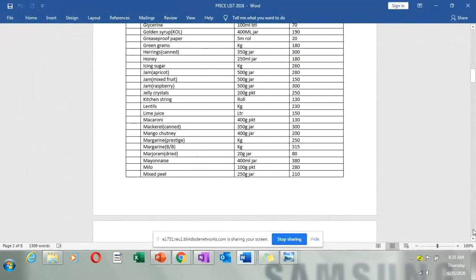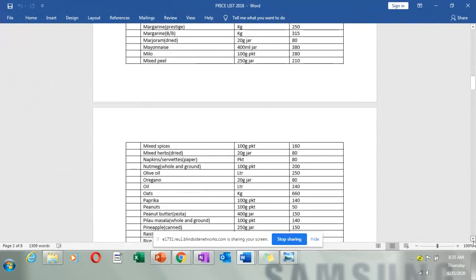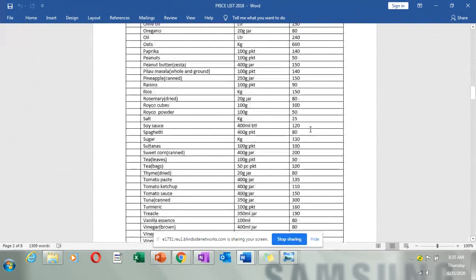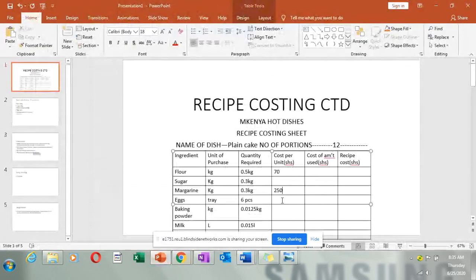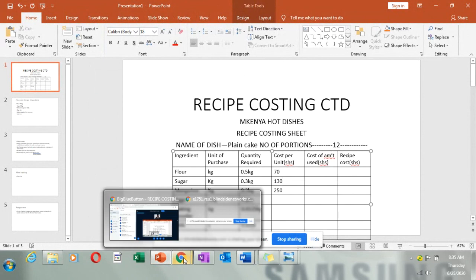So then we go back to sugar. So sugar 1 kilogram is 130 shillings. We go and post there 130 shillings. Then we go to eggs.